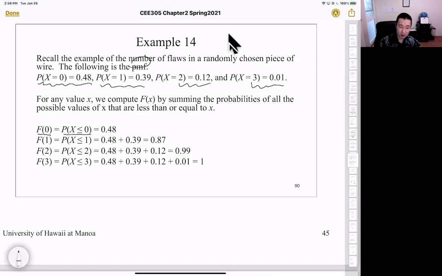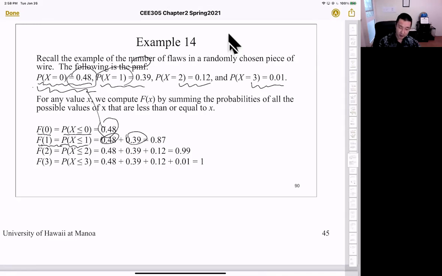For the number of floors less than or equal to 1, so F(1), that is equal to 48% plus 39%. So that's including the probability of the number of floors equal to 0 plus the probability of the number of floors equal to 1, which is here. So 0.87.